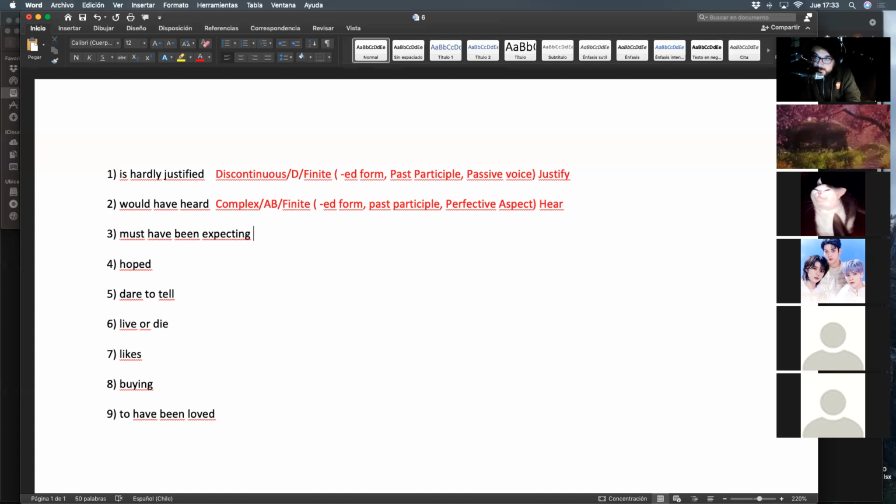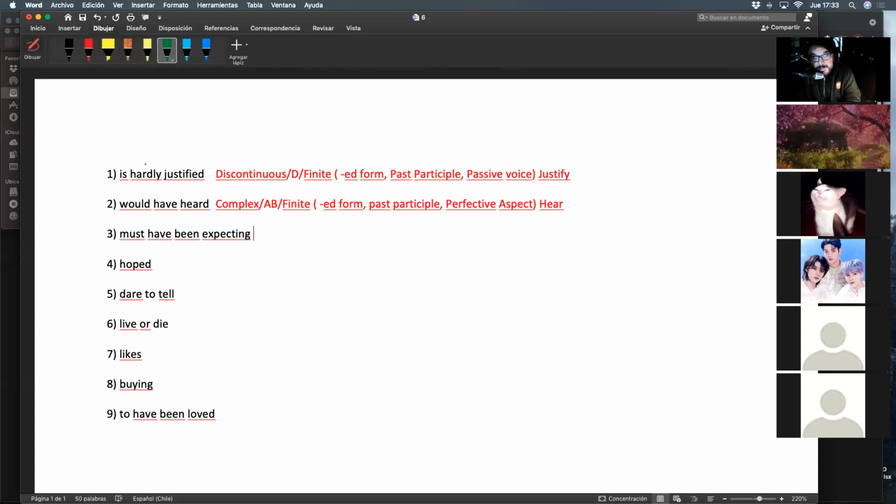Yo sé que es una voz pasiva porque está el verbo to be, lo voy a rayar con verde. Ahí está el verbo to be y ahí está el verbo en ed2, ¿cierto? Entonces la voz pasiva es esta unión, ¿ya? Por eso tiene letra D.